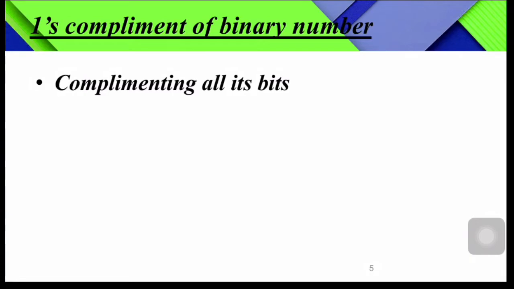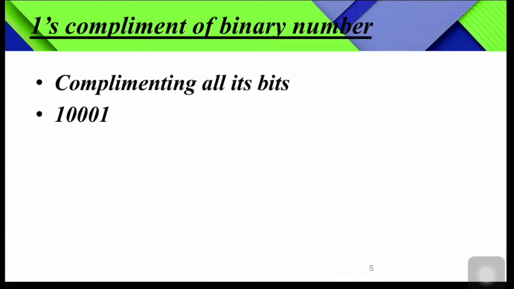That is, replacing all zeros with 1 and all ones with zeros. Let us understand this concept better with an example. Here you can see a binary number 1001. Now you just pause the video and try to find out its 1's complement yourself.